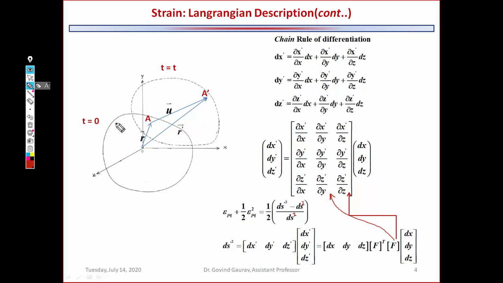Now we have calculated the first part, which is ds dash whole square, the length in the deformed configuration. The next part is to calculate ds square, which is the initial length.